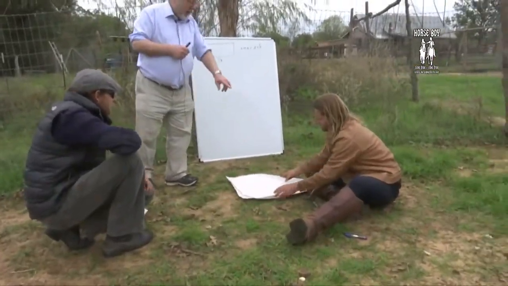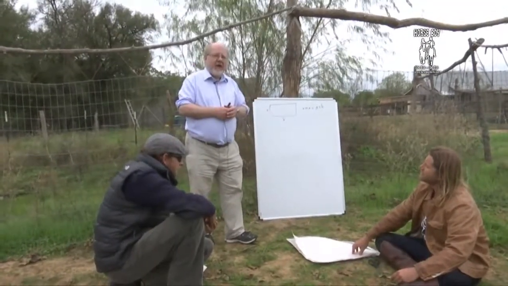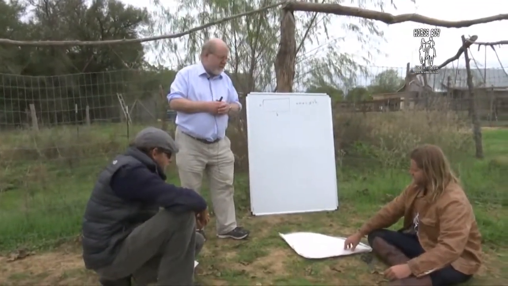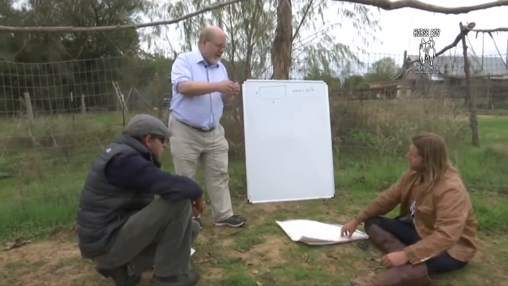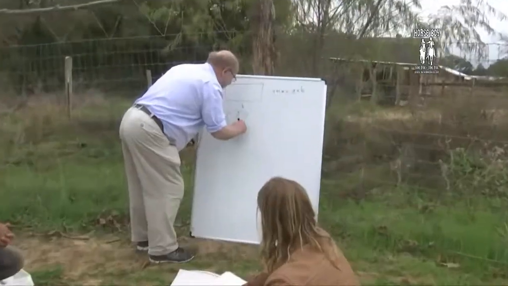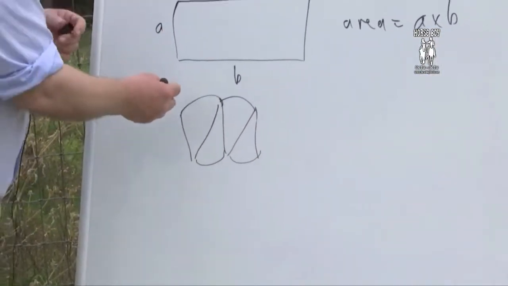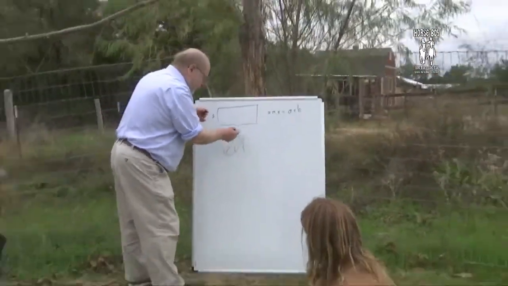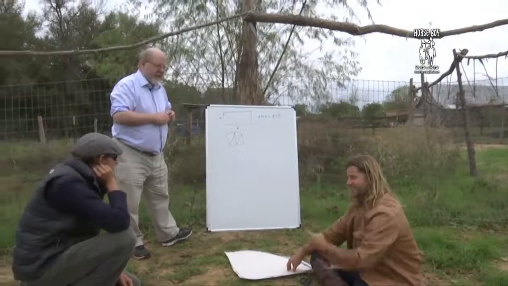So now these 4 pieces still have the same area as the whole circle as before. The point is now we arrange it differently. And this isn't a rectangle, but it comes a little bit closer to it than our original circle shape.